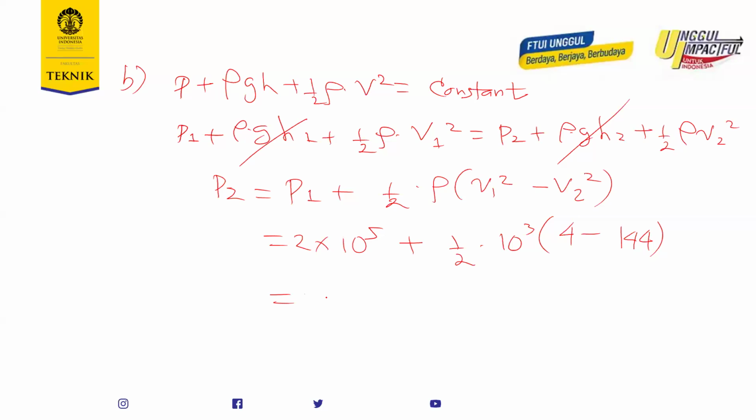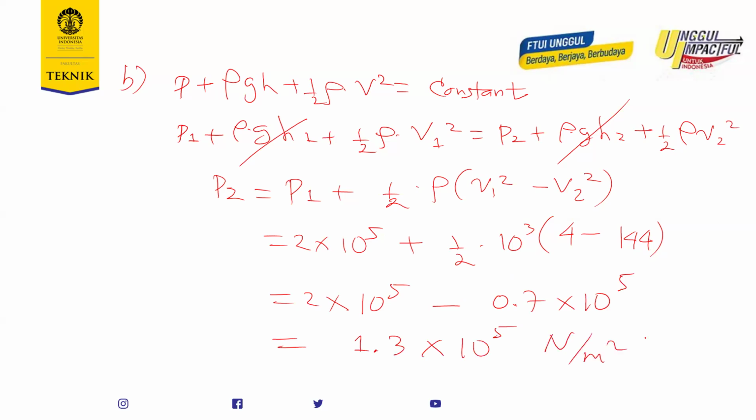So this becomes 2 times 10 to the power 5 minus 70 times 10 to the power 3, or 0.7 times 10 to the power 5. So the pressure becomes 1.3 times 10 to the power 5 Newton per meter square, or Pascal.